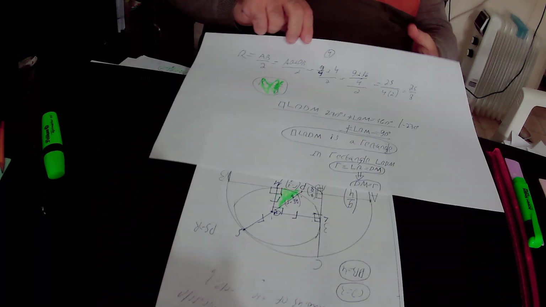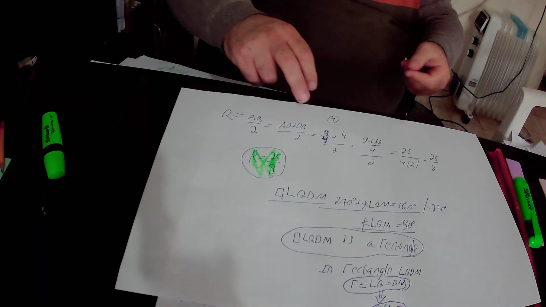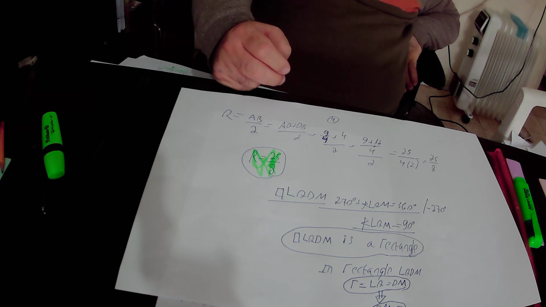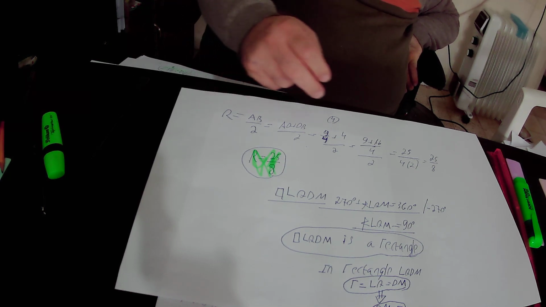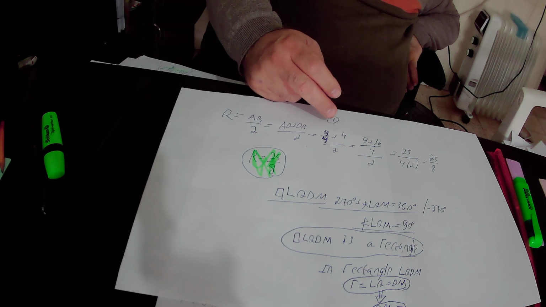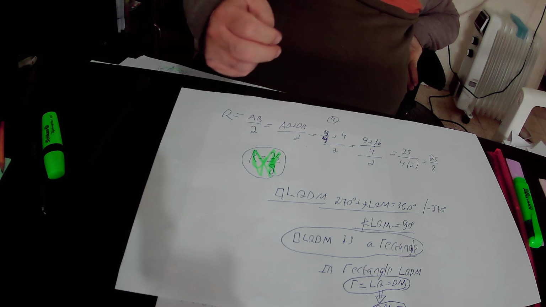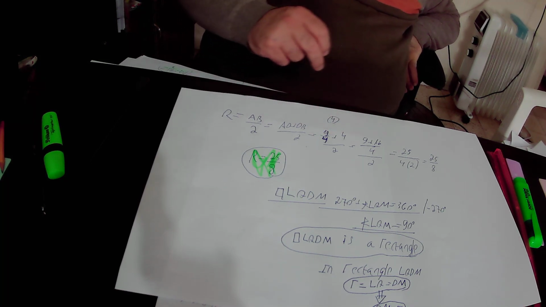And it is given in the question that DB equals 4 units. So in conclusion, AB equals 9 over 4 plus 4. It is actually R equals (9 over 4 plus 4) over 2.